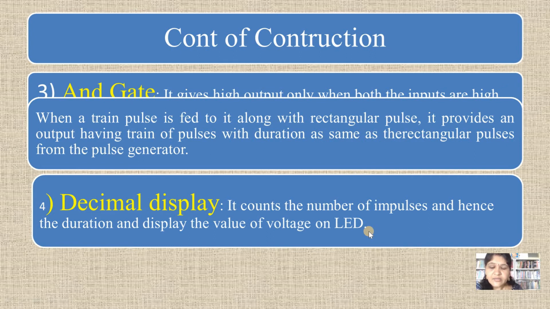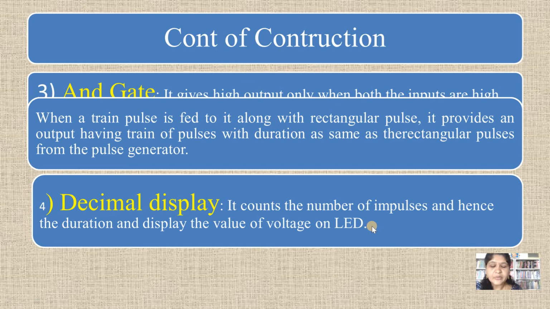And this number of pulses is equal to the input voltage. This train of pulses after passing through the AND gate is of the same duration as that of the rectangular pulse. So only the number of pulses equal to the input voltage will be passed. Other than that, it will not allow.